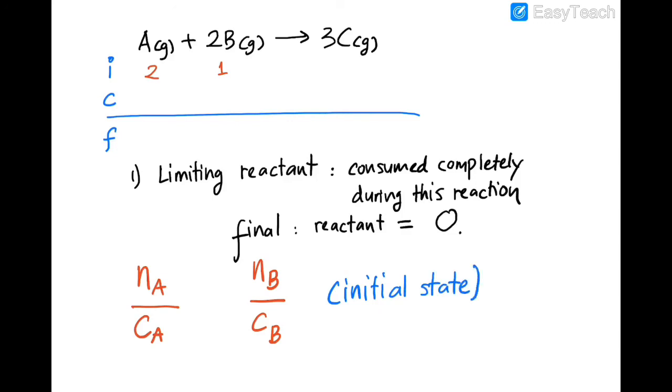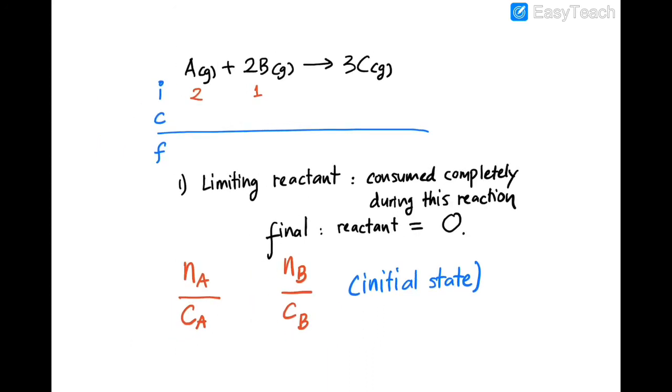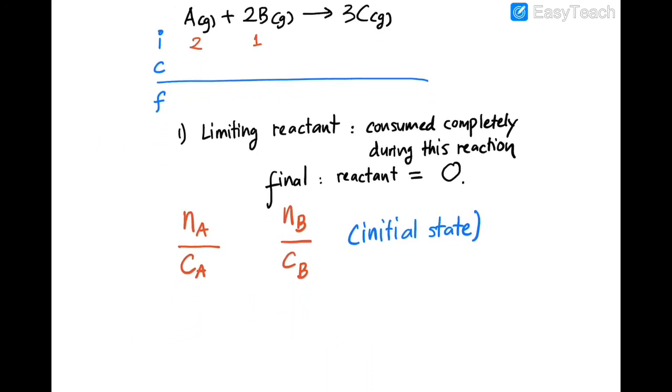So in this case, we have 2, which is the mole of A, divided by 1, the coefficient of A. Then we take 1, the mole of B, divided by the coefficient of B, which is 2.